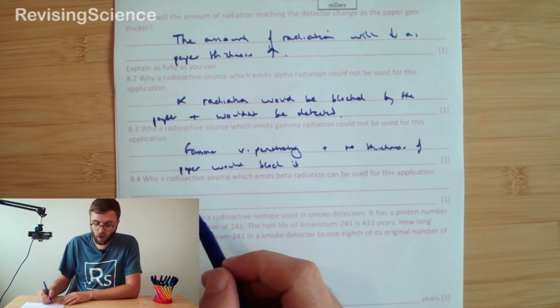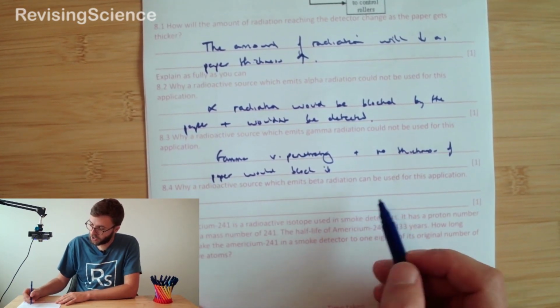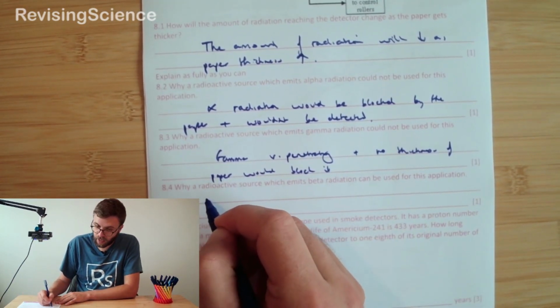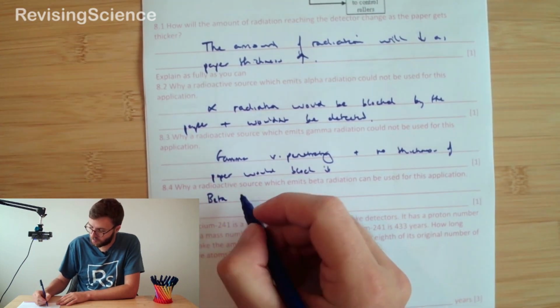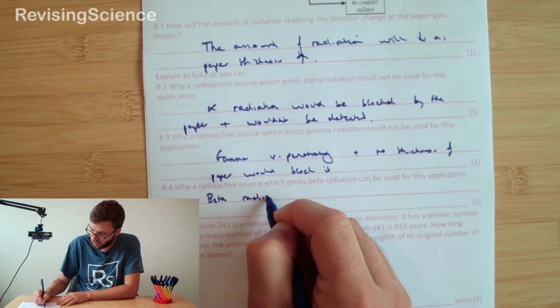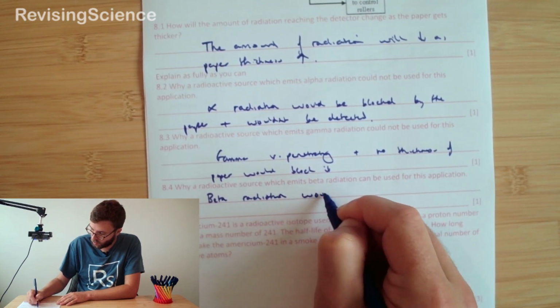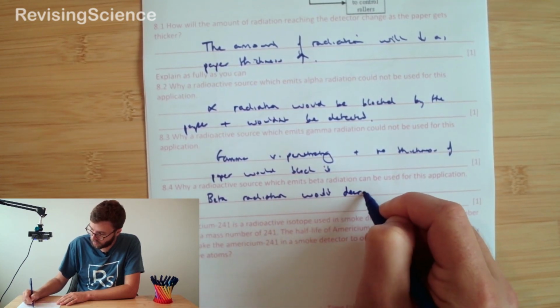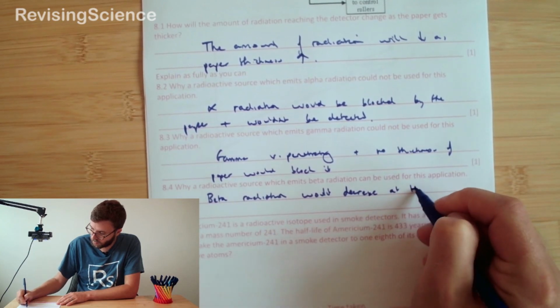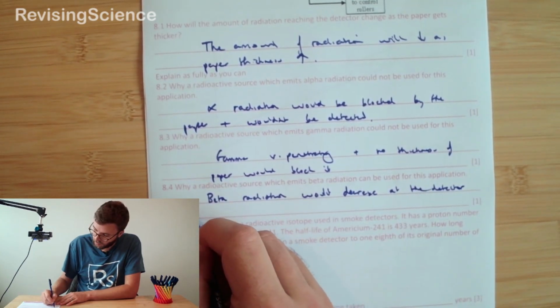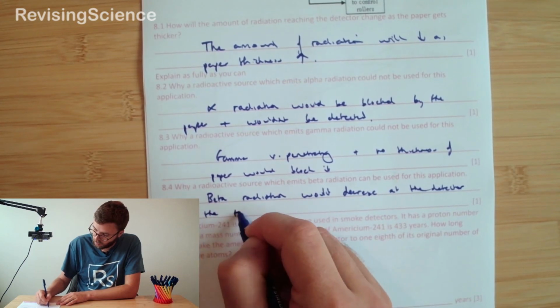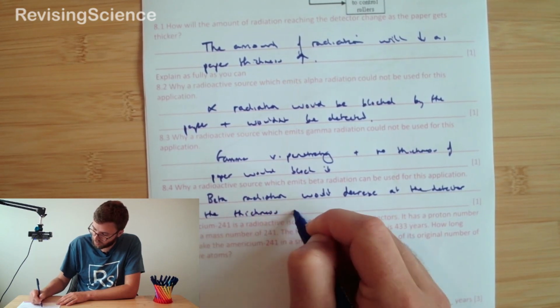Why can a radioactive source which emits beta radiation be used? Again, it's in the middle of the two answers before. So beta radiation would decrease at the detector as the thickness of the paper increases.